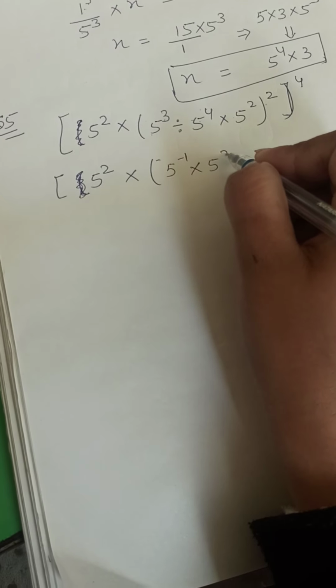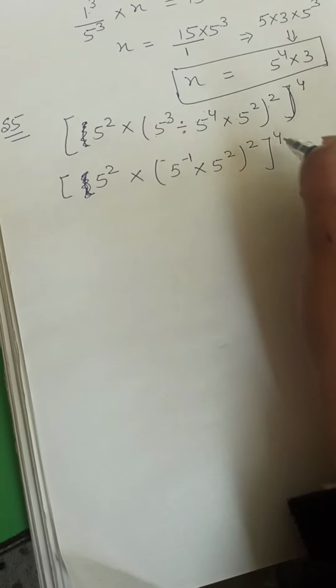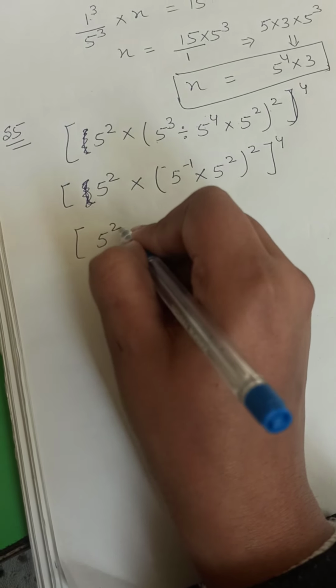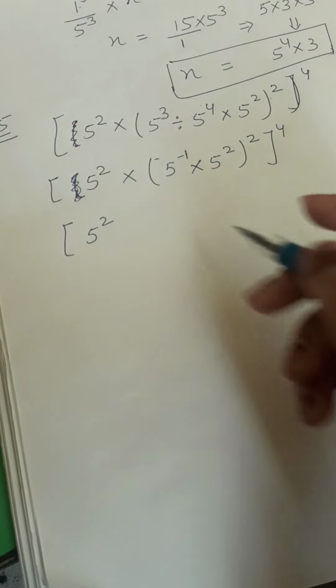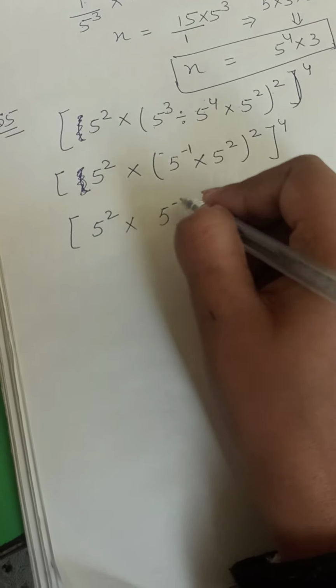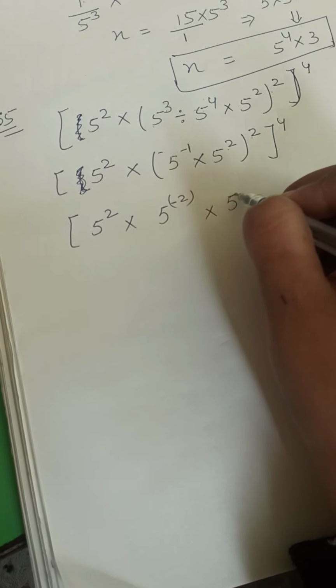Multiply 5 to the power 2, the whole power 2, brackets, complete power 4. 5 to the power 2, multiply, powers को करो आप, 5 to the power minus 2, multiply 5 to the power 4.